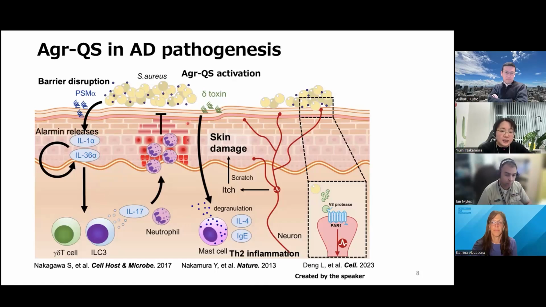Additionally, another downstream product of AGR quorum sensing, delta toxin, directly acts on mast cells and induces Th2-type skin inflammation. Moreover, a recent study by another research group reported that the quorum sensing downstream V8 protease directly stimulates the PAR1 receptor on sensory neurons. This not only induces itch, but also promotes scratching behavior, causing further skin damage.